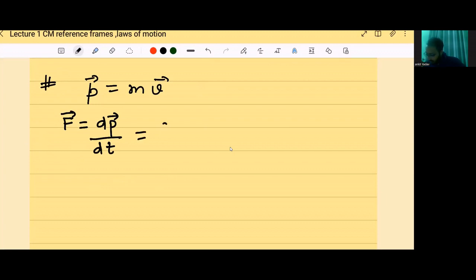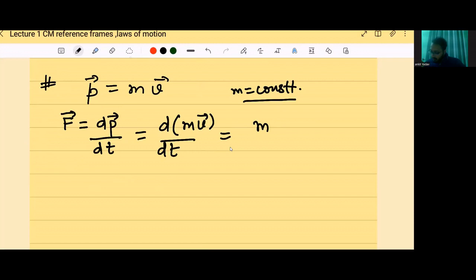Let's put the value: d by dt of mv. If m is constant, we are taking m constant here, then F equals ma, where a is the acceleration of the particle.